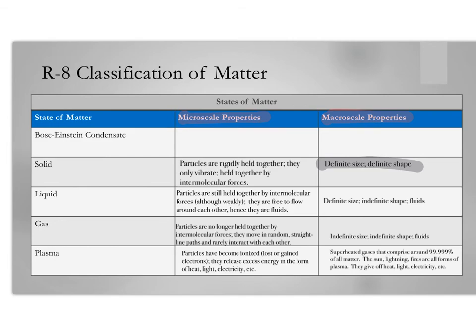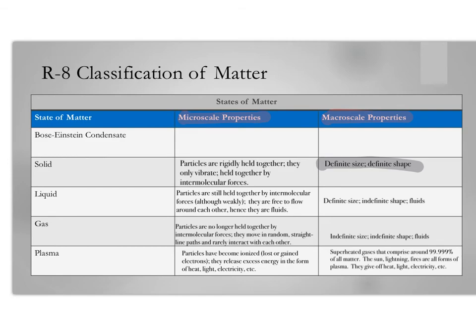So they gain or lose electrons to be charged. Those separated charged species come back together and they release that extra energy. And so those are the four main types of matter that you've probably heard of, maybe less so the plasmas, but you all know what the sun is, so it's something you're familiar with.